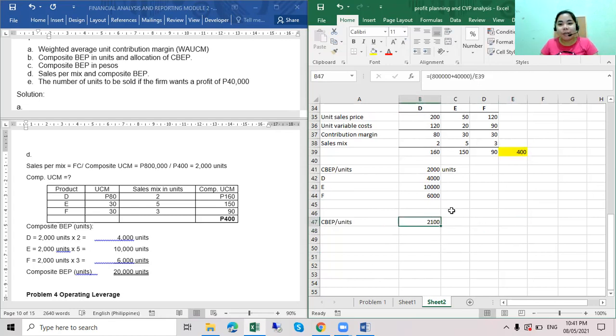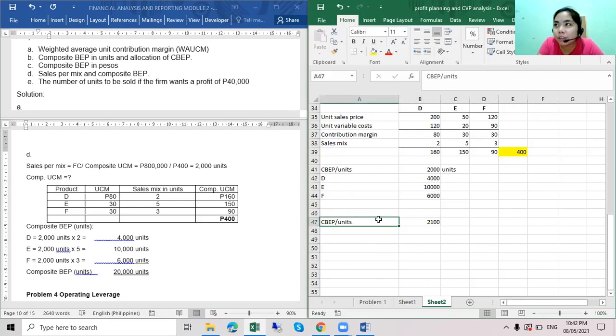Okay, class, let's look at the formula bar. I added the 40,000 figure. We want, right? The firm wants to have a profit of 40,000. At break-even point our profit is 0. I used the break-even point in units.